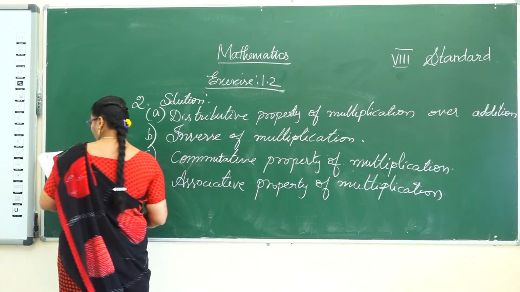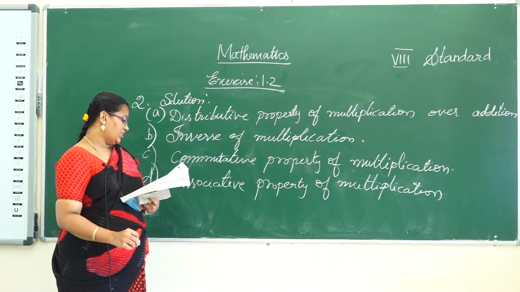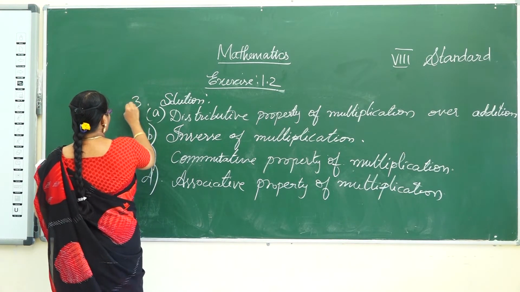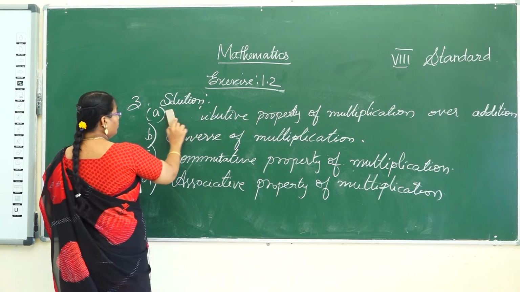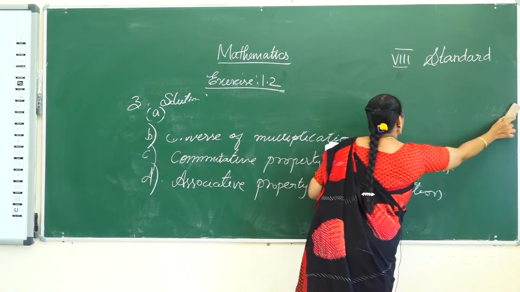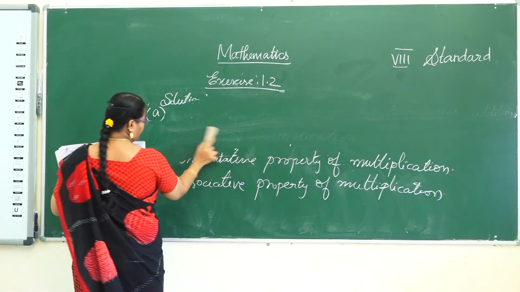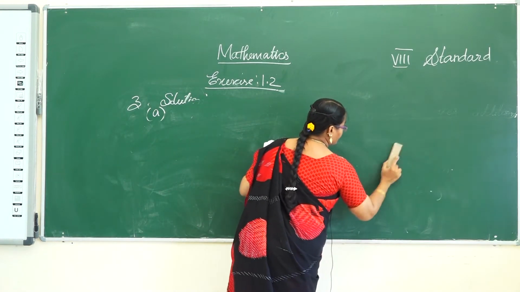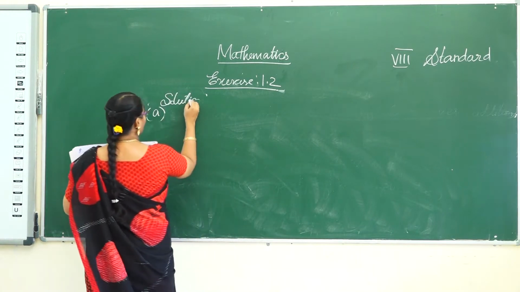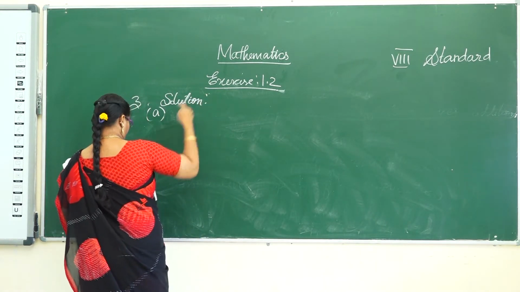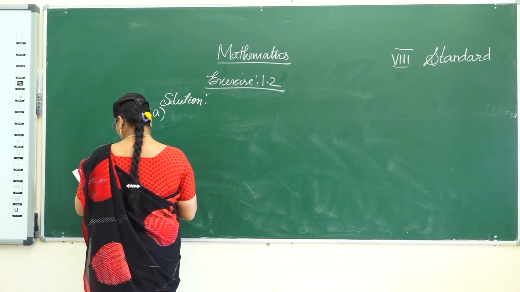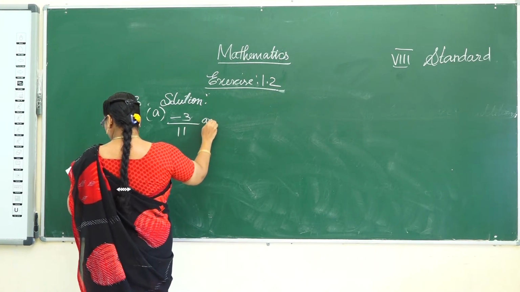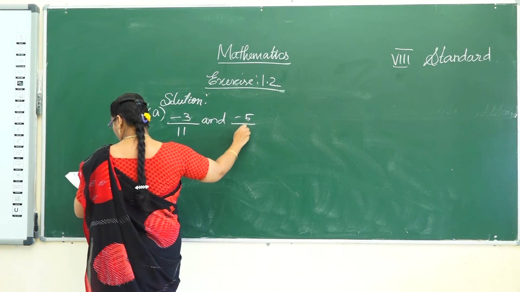And next, third problem: verify the commutative property of multiplication for the following rational numbers. First subdivision, the two rational numbers are minus 3 by 11 and minus 5 by 9.